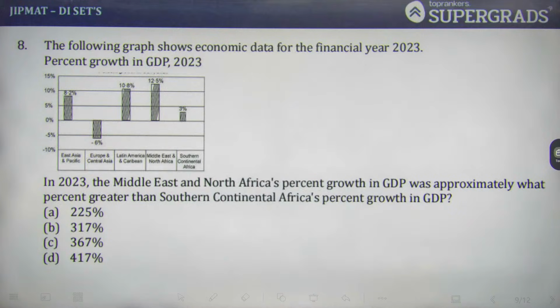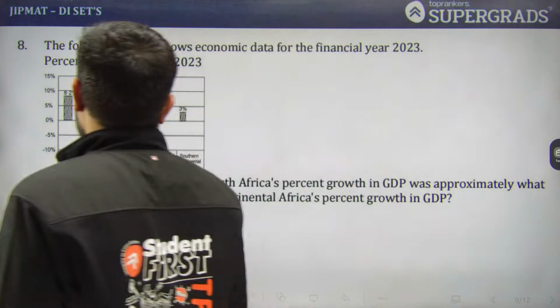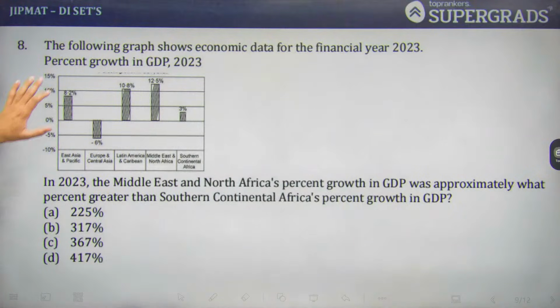Percentage growth in GDP, 2023. So this is the percentage growth in GDP given: East Asia and Pacific, Europe and Central Asia, Latin America and Caribbean, Middle East and North Africa, Southern Continental Africa. So all of this is given.